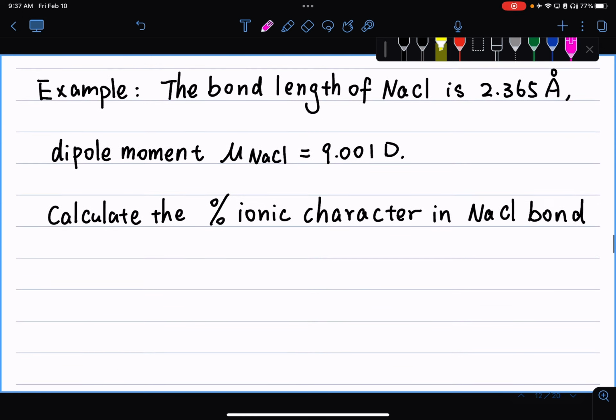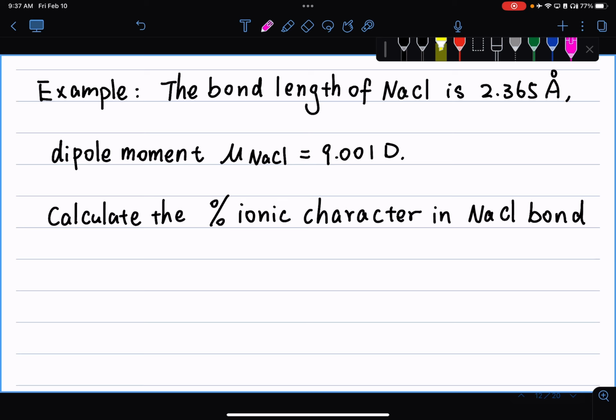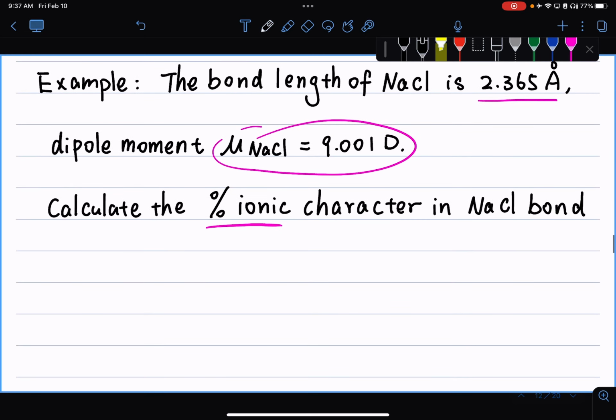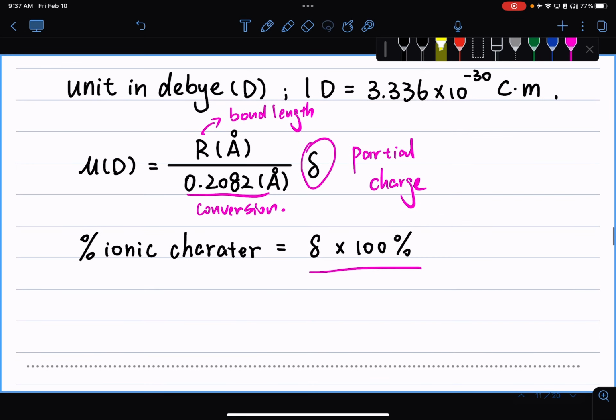One of the applications you can imagine is, again, we're talking about sodium chloride. We're focusing on sodium chloride today. Imagine a bond length for sodium chloride that's 2.364 angstrom, and given the dipole moment is 9.001 Debye, can you calculate the ionic character of the sodium chloride bond? The equation we're using is just this equation here.